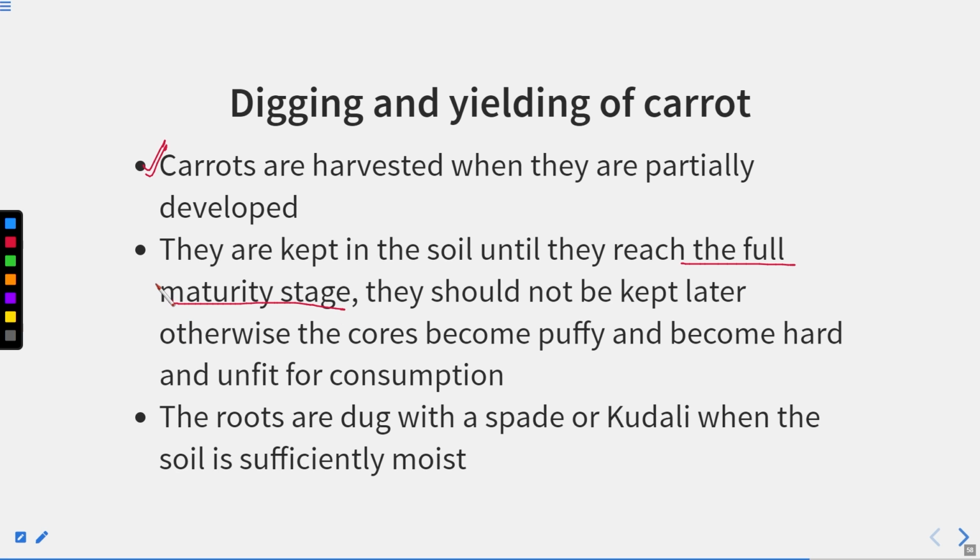We should not wait for a longer duration of time. Once they are fully mature, they should not be kept later, otherwise the cores become puffy and hard and unfit for consumption.